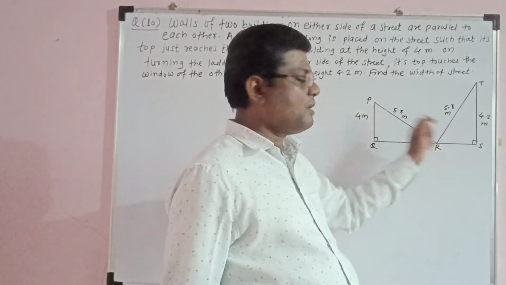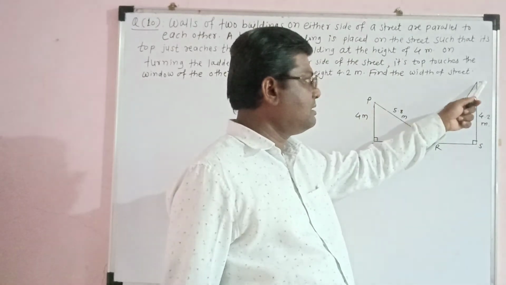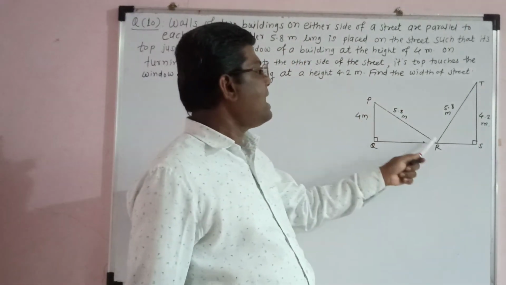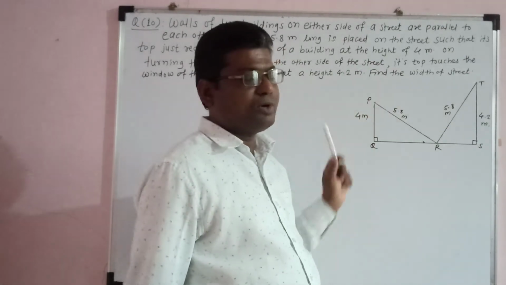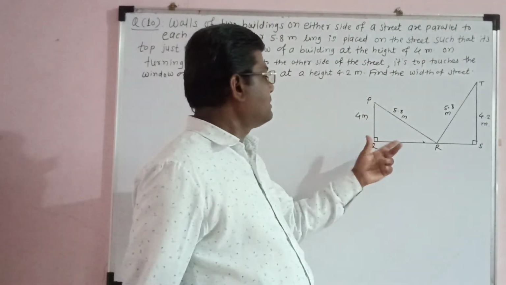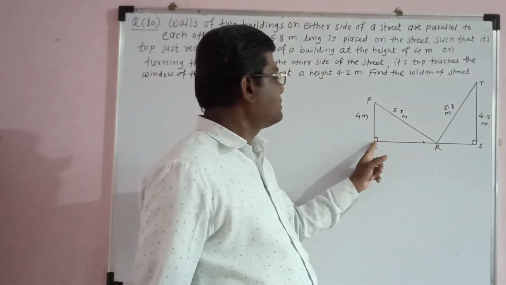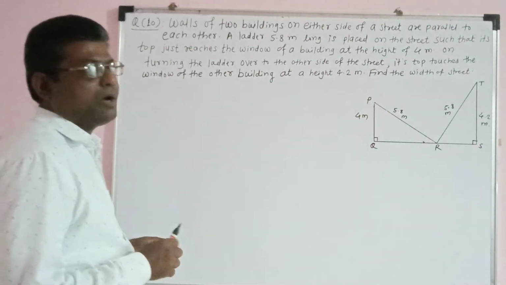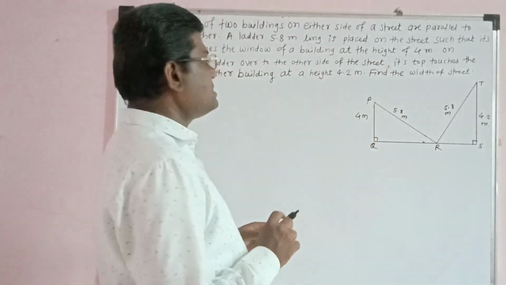TS is the height of the second building where T is the position of its window, and PR is equal to RT is equal to the length of the ladder, and QS is the width of the street, and here we have to find the width of the street.